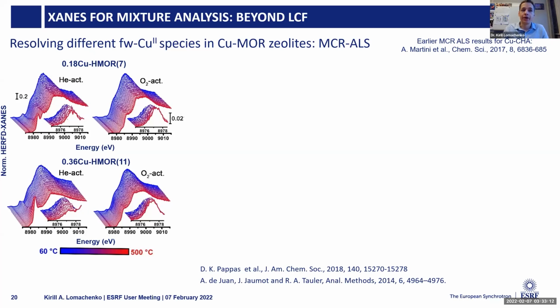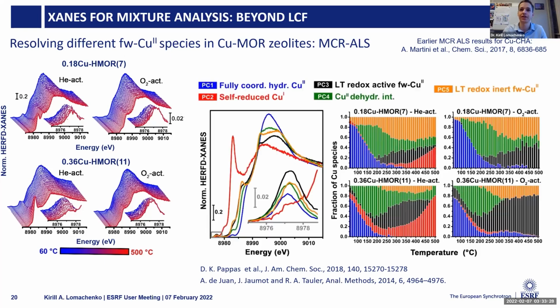And when all the spectra are fed to the MCR-ALS algorithm, with the prior knowledge about the number of different species, and this knowledge is obtained by principal component analysis, you can get a set of independent spectra, the spectra of independent species that constitute all this data set. So all the spectra inside the data set can be represented as a linear combination of these 5 species.